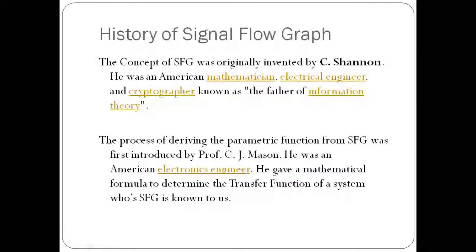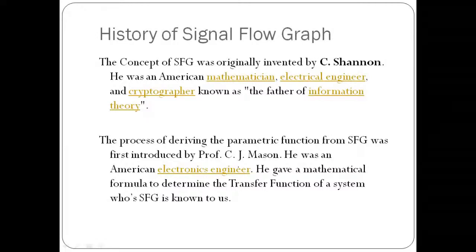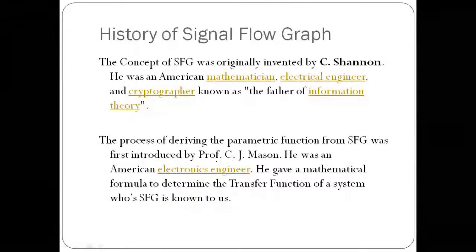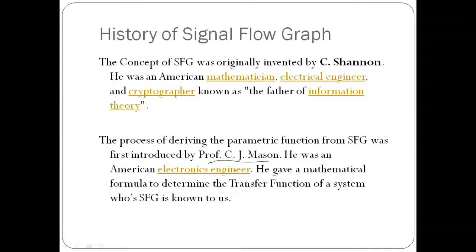The main person behind signal flow graph theory, through which we can find out the transfer function of the system, is Professor C.J. Mason. And that's why this technique is called Mason's gain formula. And through Mason's gain formula, we are in a position to convert the signal flow graph of a system into its corresponding transfer function. That is very important. I hope this point is clear to everyone.